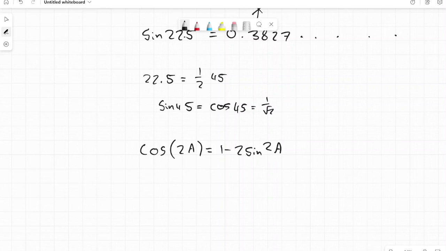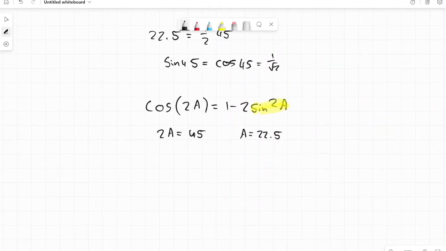And look, if we say 2a equals 45 and a equals 22.5, then we've got right here our sine 22.5. Only problem is it's got all this other stuff around it, so let's do some rearranging. We've got sine squared a equals 1/2 of (1 minus cos 2a).